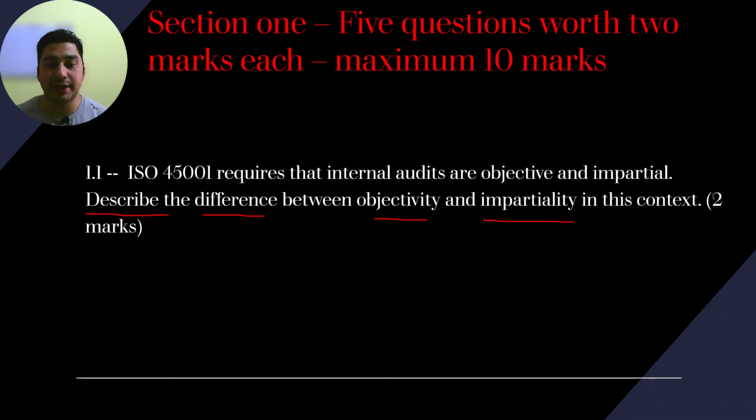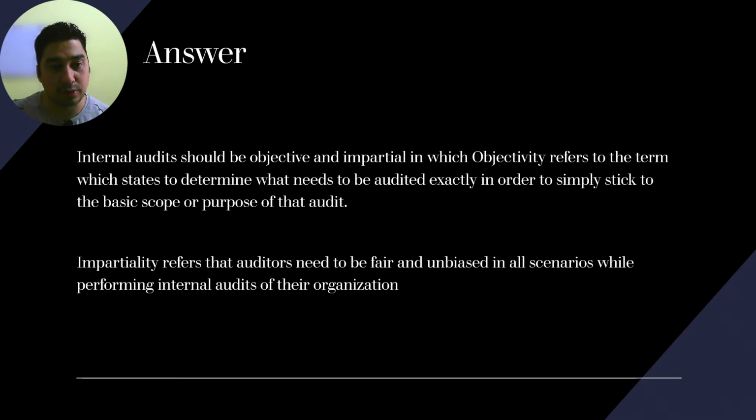So in that one, it is asking the difference between objectivity and impartiality, okay. So let's see how we have to answer. Our answer, the first one is objectivity. What is the meaning of objectivity? Objectivity means any audit that you are conducting should have objectives, okay.